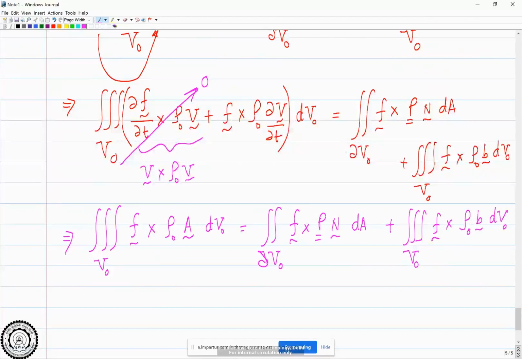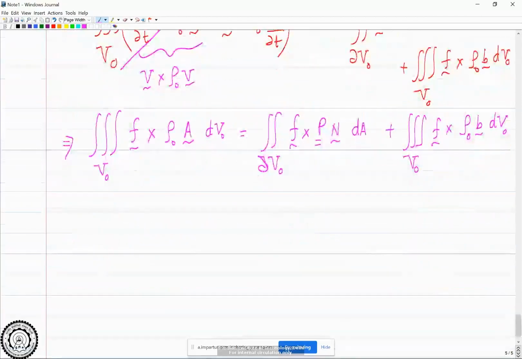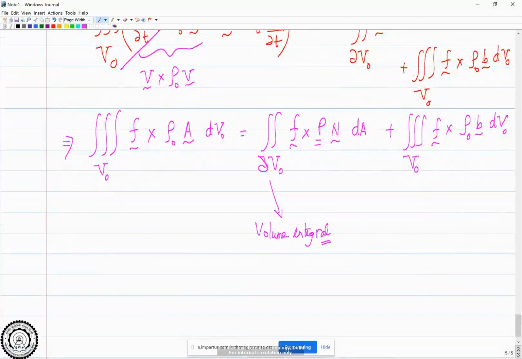Okay, so now the trick is to convert this thing into a volume integral, isn't it? So you have to use some kind of Gauss divergence theorem. Do you know what this is going to become? I don't think we saw how to apply Gauss divergence here, but we have to use some kind of Gauss divergence theorem.